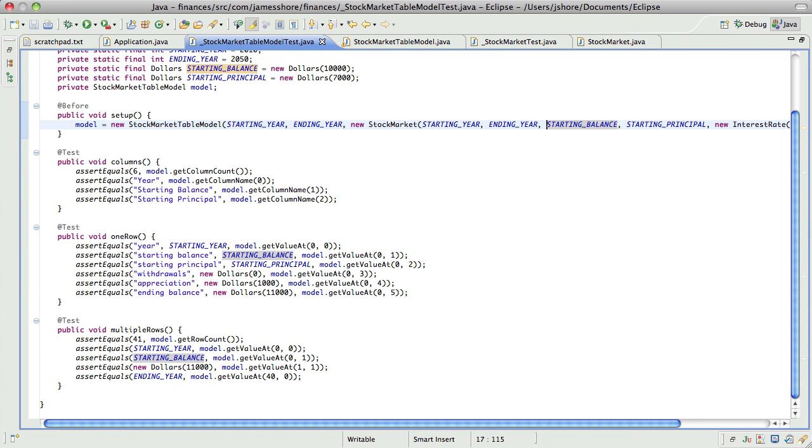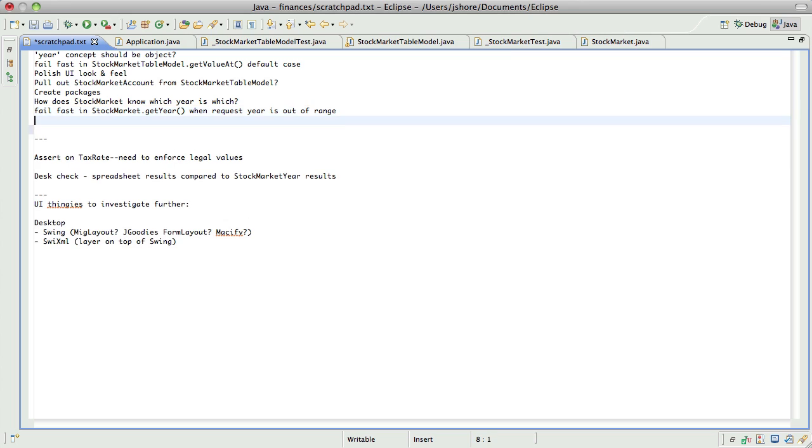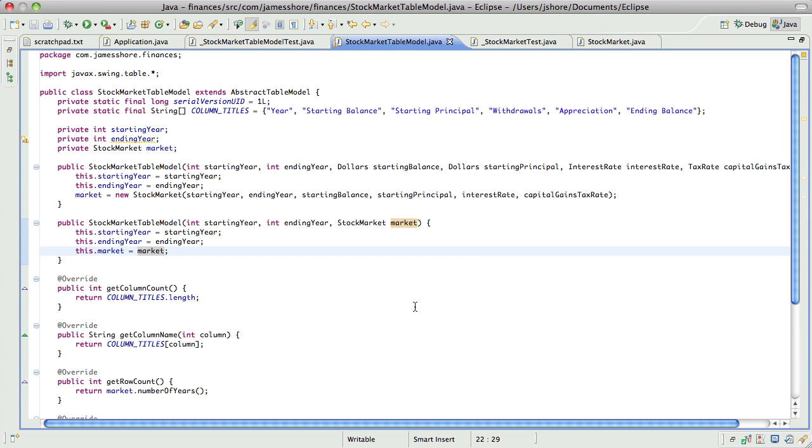Stock market table model shouldn't know about the starting year and ending year. Only the stock market should. I wonder if that should be called a stock market account. I keep wanting to call it an account, not a market. Well, we'll come back to that.